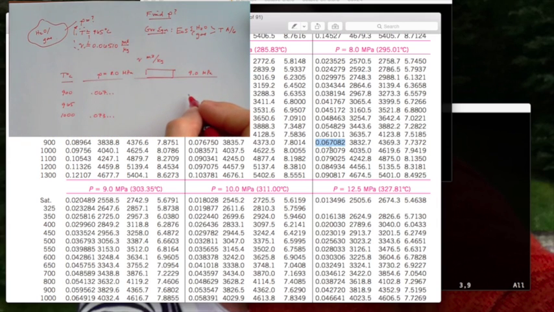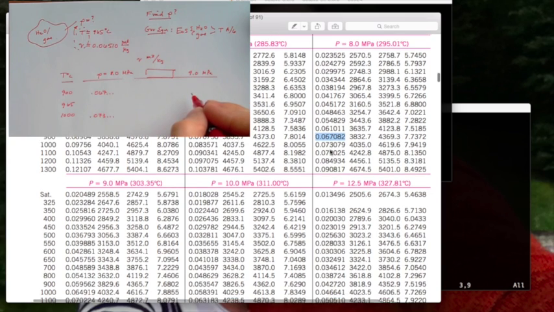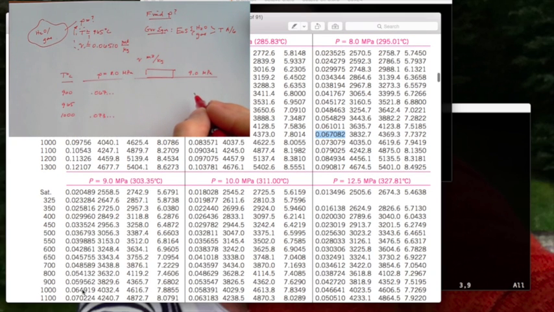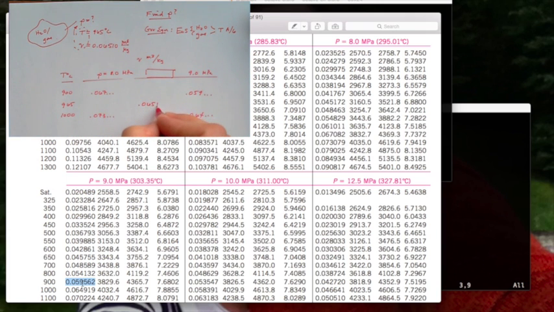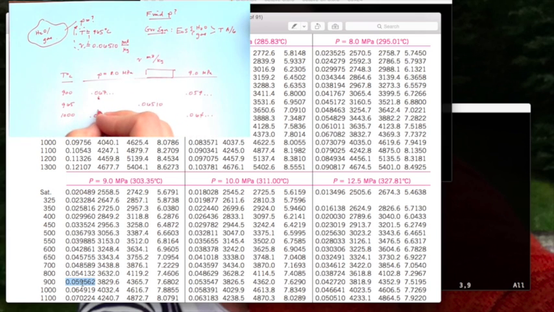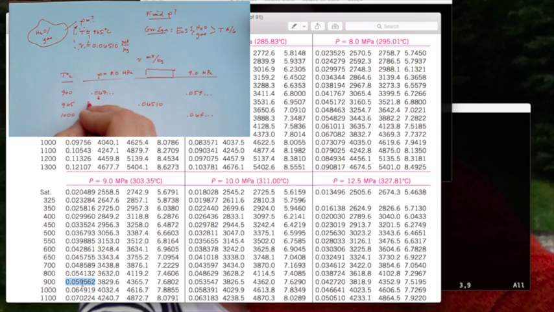Then at 9 megapascals, at 900, we see we have 0.059 and 0.064. And ultimately, we know that at 965 degrees centigrade, our specific volume should read 0.06510. So if we were to interpolate between these two numbers, we would get a number in between those two.